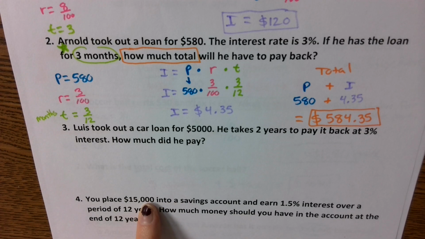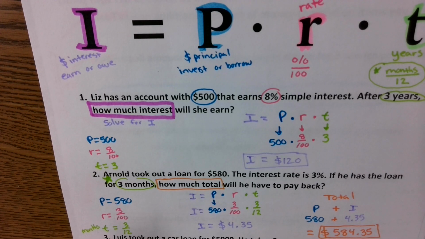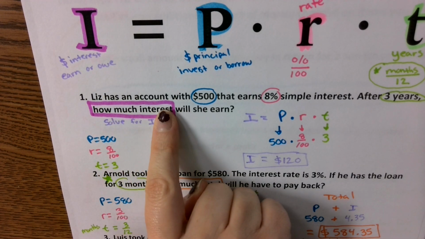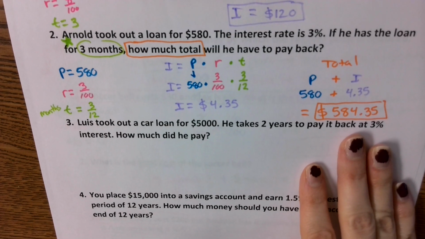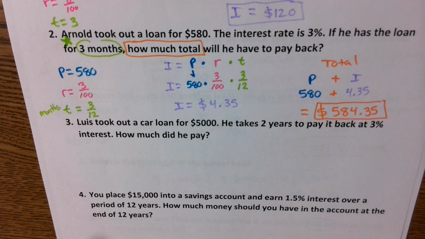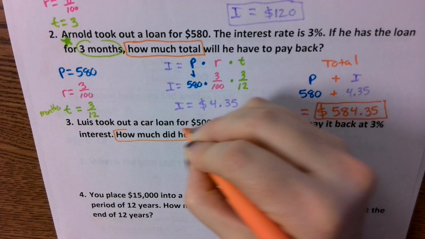Well, she's going to have the $15,000 that she's got in her account, plus the interest that she's going to earn. So if they're wanting to know the interest only, it's going to literally say how much interest. If it doesn't say how much interest, it wants the total. So make that as a note. Okay, so this is looking for the total.